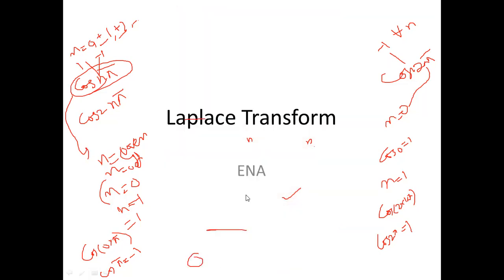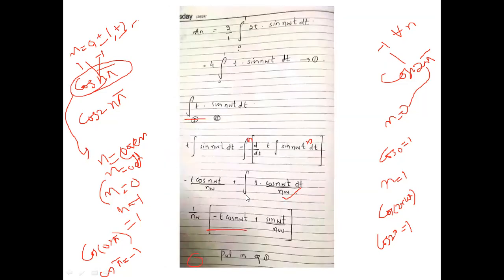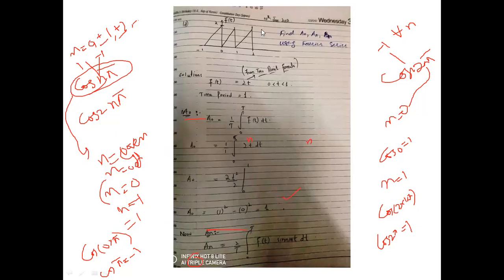So that was all about the Fourier. For practice, you can apply the Fourier series to this function. For example, the value is 2 over here, this is 0, this is 1, and this is 2. What do you have to do?